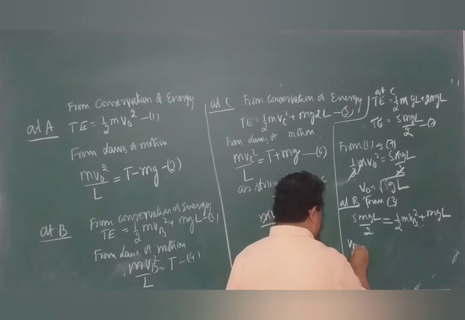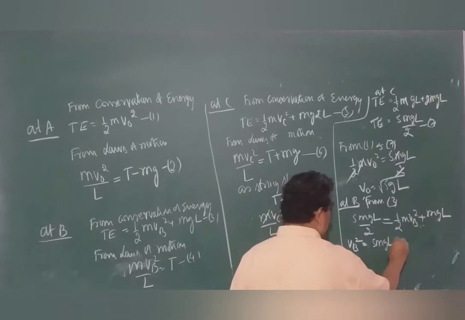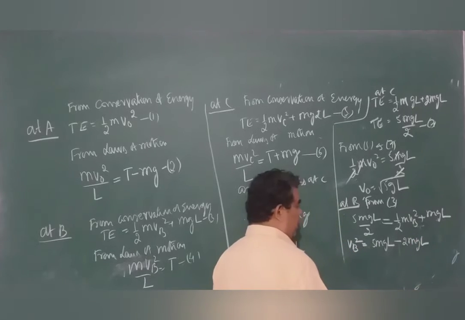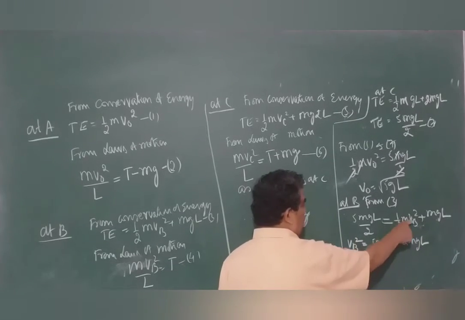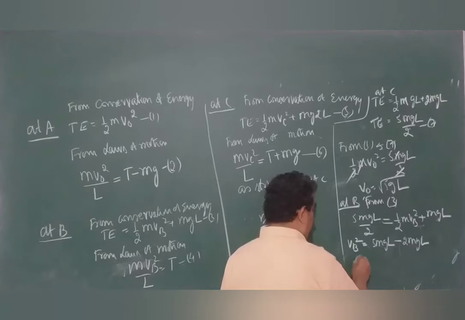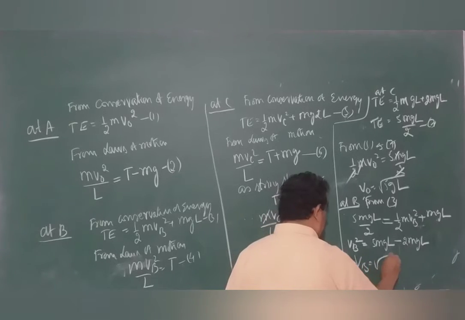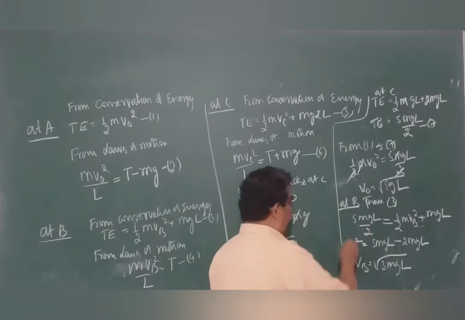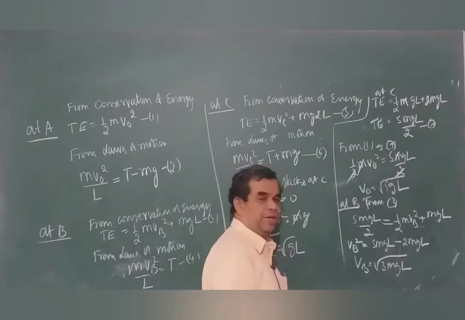So, Vb square will be equal to 5gL minus 2gL, and Vb is root of 3gL. This is the formula for Vb. So, V0 we know, Vb we know, Vc we know.